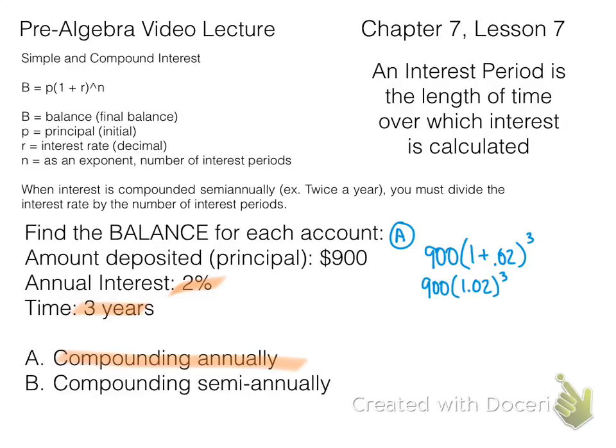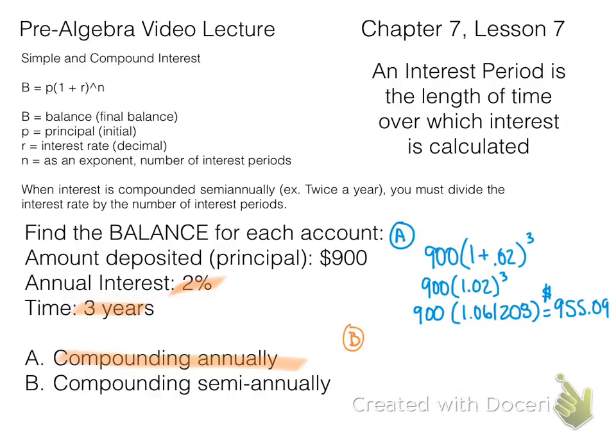So now I'm going to simplify inside the parentheses first, then I'm going to do the exponent, which is this huge long number, and then I'm going to multiply it by the principal, which means I'm going to get $955.09. So I get my $900 back plus $55.09 after 3 years at 2% interest. And that's just if I left the $900 in there, okay?